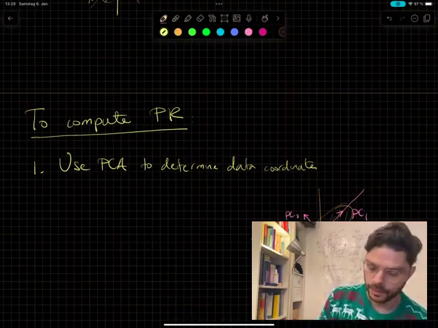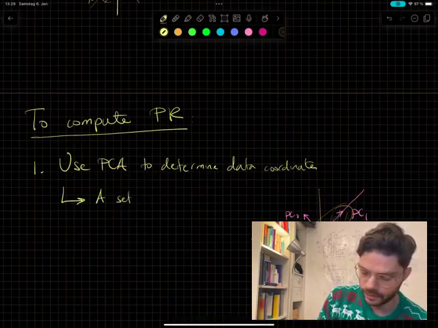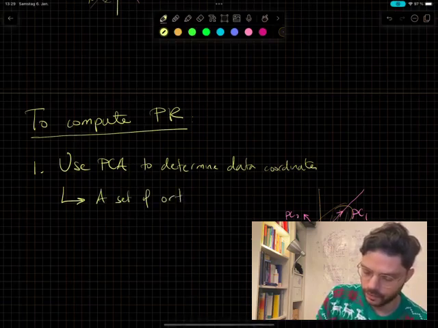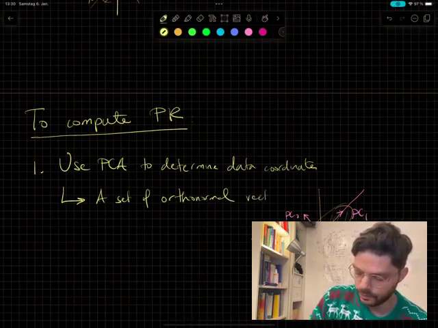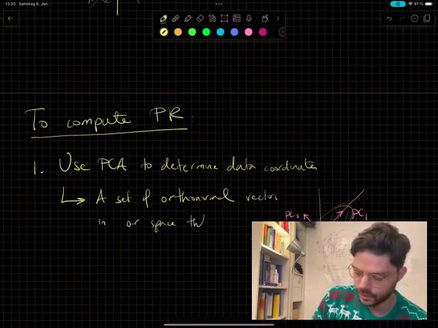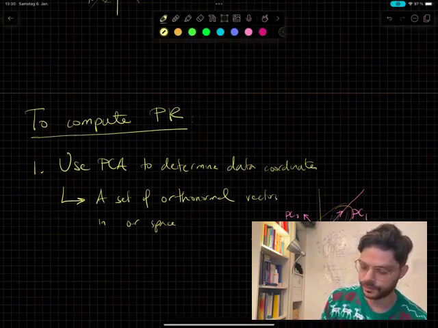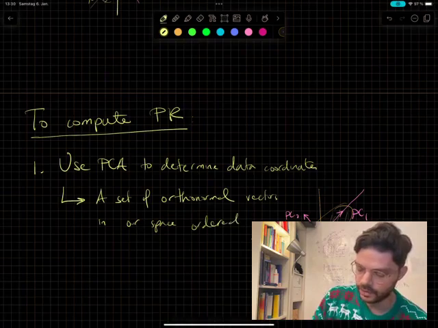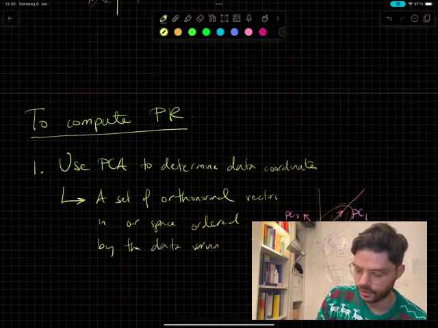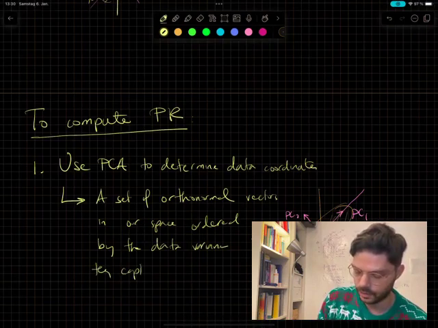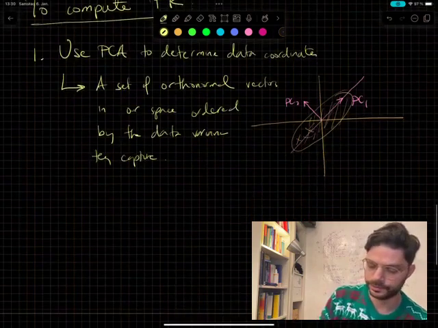So PCA is going to give us a set of orthonormal vectors in our space, ordered, and this is the important thing, ordered by the data variance they capture.